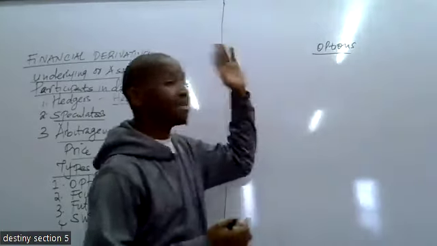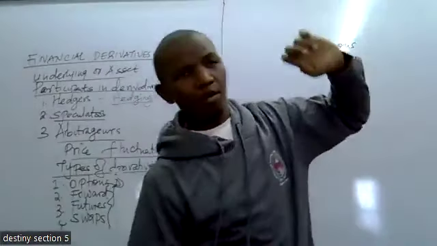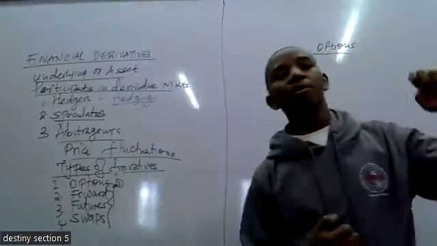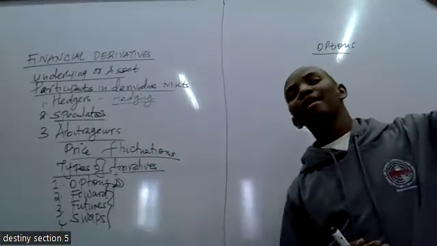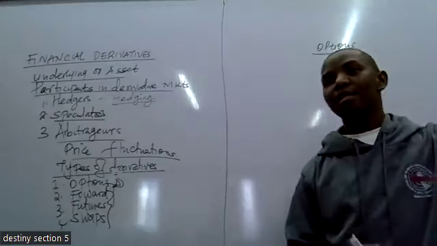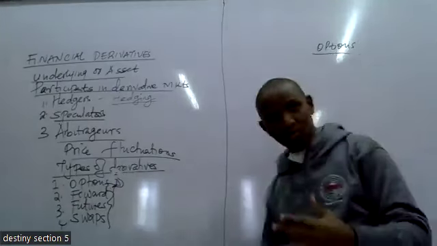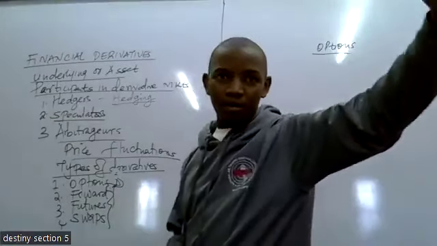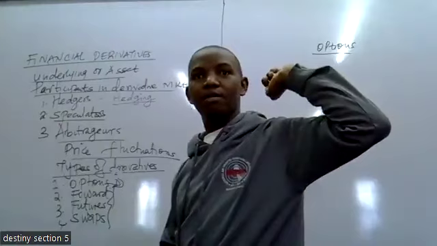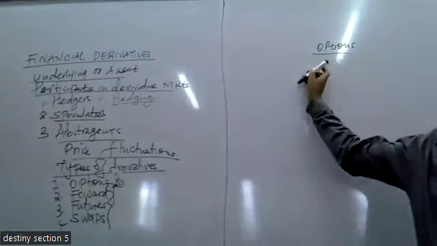So it gives either the buyer or the seller the right, but not an obligation, to sell or buy a security at a future date at a predetermined price. This is what I mean: you determine the price today, but the delivery will be in the future. Are we together? That is what we mean when we talk about an option.